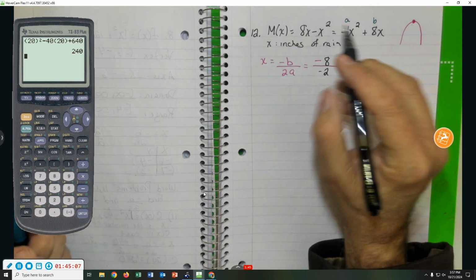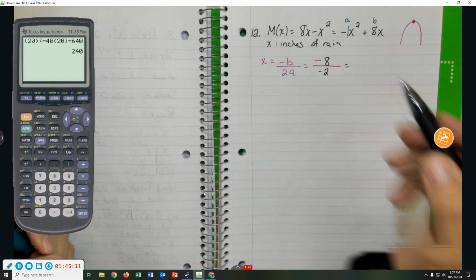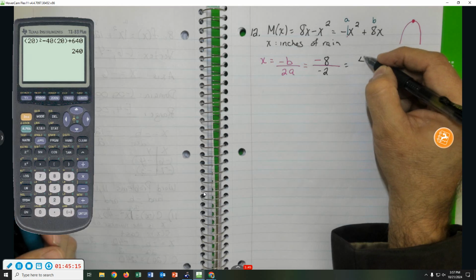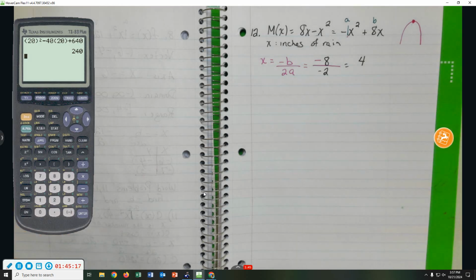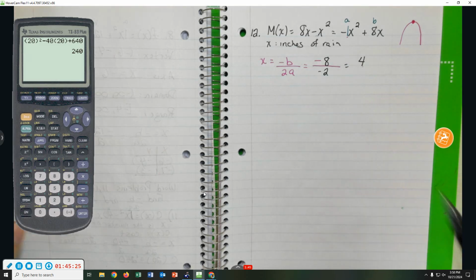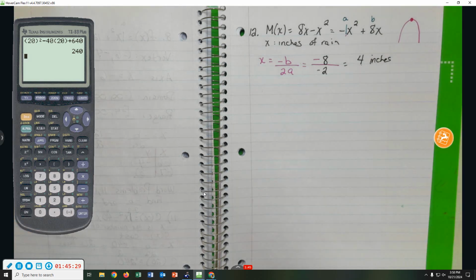For these word problems, you should not expect negative answers. If x is the number of inches of rain, or the number of tacos she's making, you can't have negatives on those. So what we just found is with 4 inches, we're going to have the maximum number of mosquitoes.